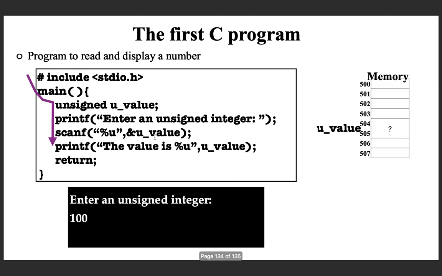Suppose you as a user give the value 100. Now execution can progress to the next statement, which is an output statement. What is it? The %u will be replaced by the value. Now you are getting your output, and this is the first C program that we have written.